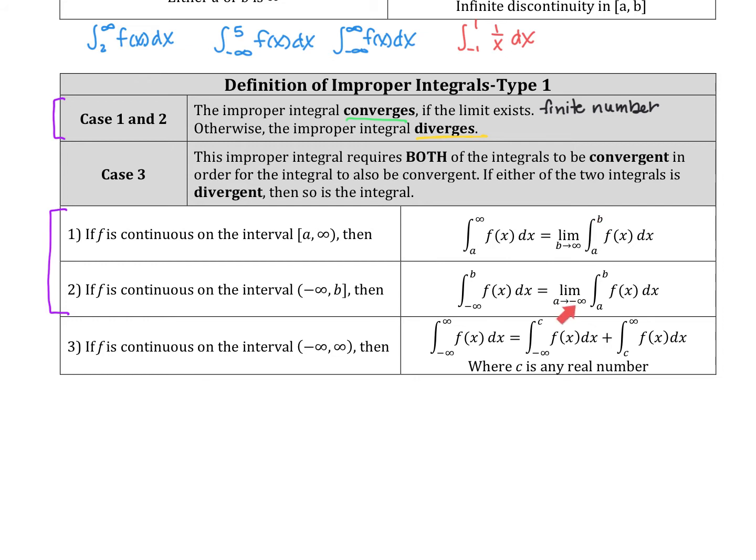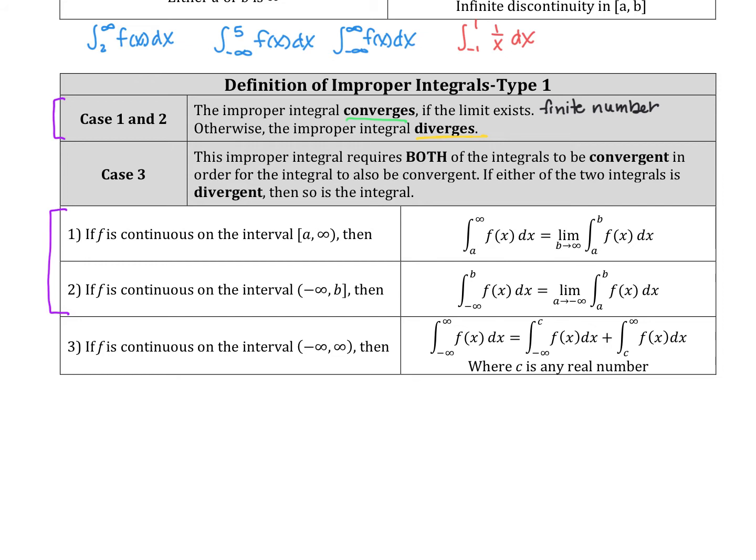Or, similarly, I'm going to take the limit as a approaches negative infinity and rewrite it to look like a normal integral problem. That's case 1 and case 2. So in these problems, if I get that there is a limit as b approaches infinity or a approaches negative infinity, then I say that that integral is convergent, or it converges.